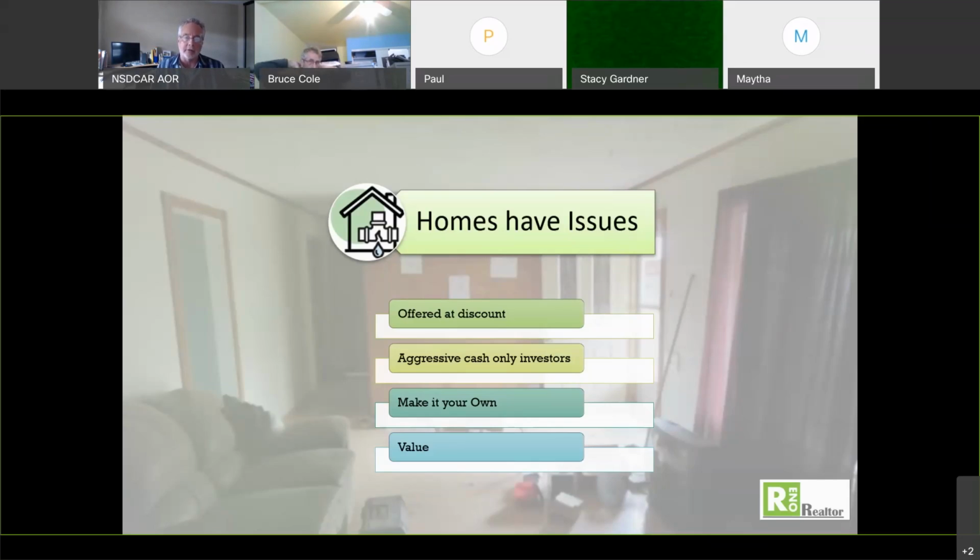So that creates an opportunity for potential buyers who want to live in this property. From an offer standpoint, you just need to be a little bit ahead of these cash investors. So you're still getting the property at a discount.